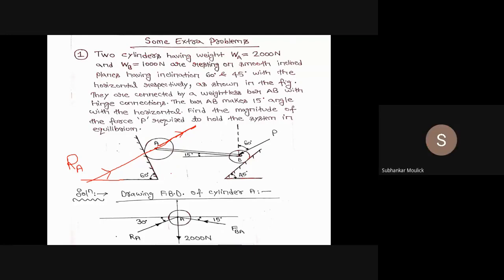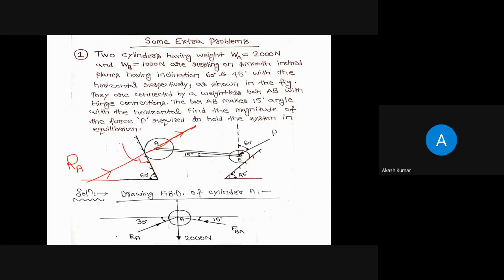But now you have to decide at what angle the reaction force RA acts at point A. Can you tell me how much is the angle that this reaction force is making with this inclined plane? This is 90 degree.